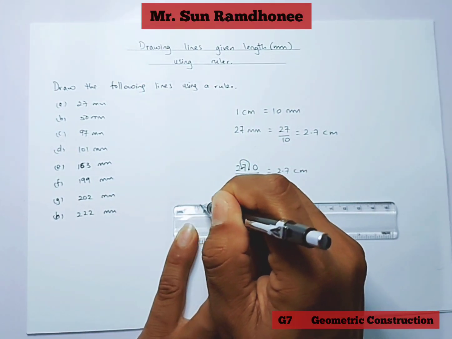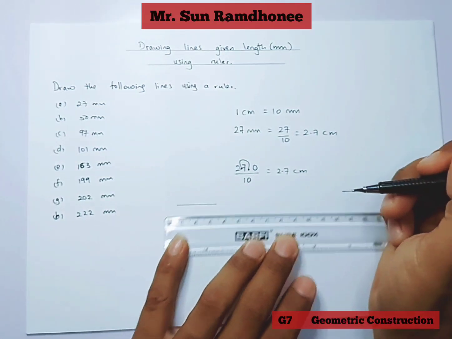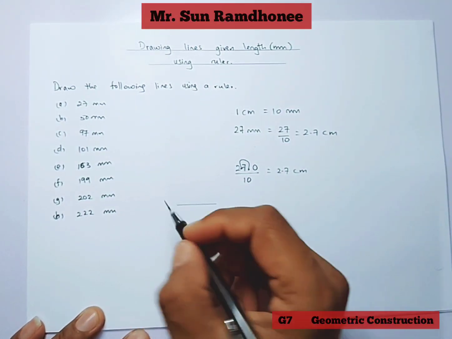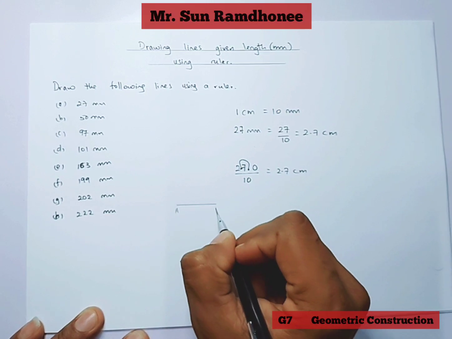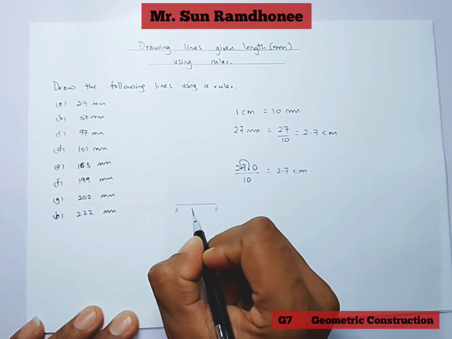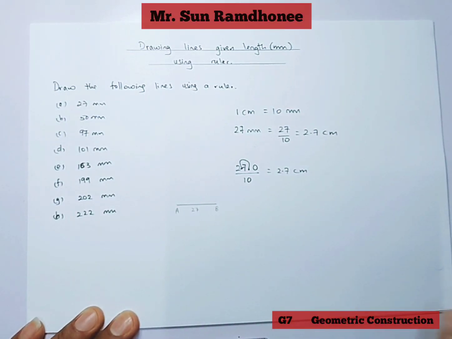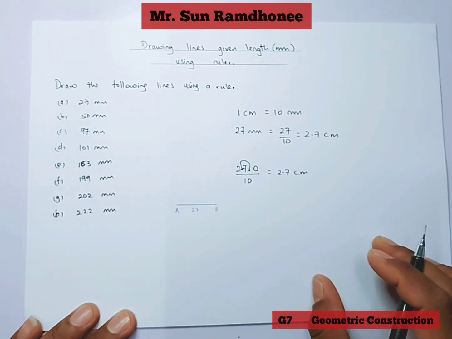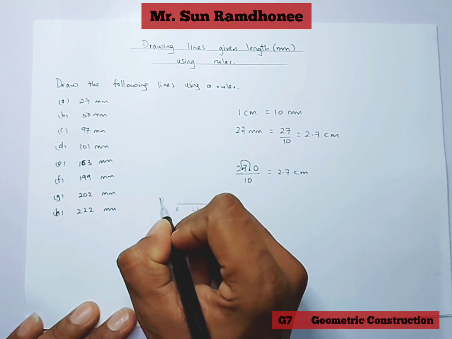We draw the line like this. We also write A and B because this is line AB. We can also write 27. So this is example 4A.